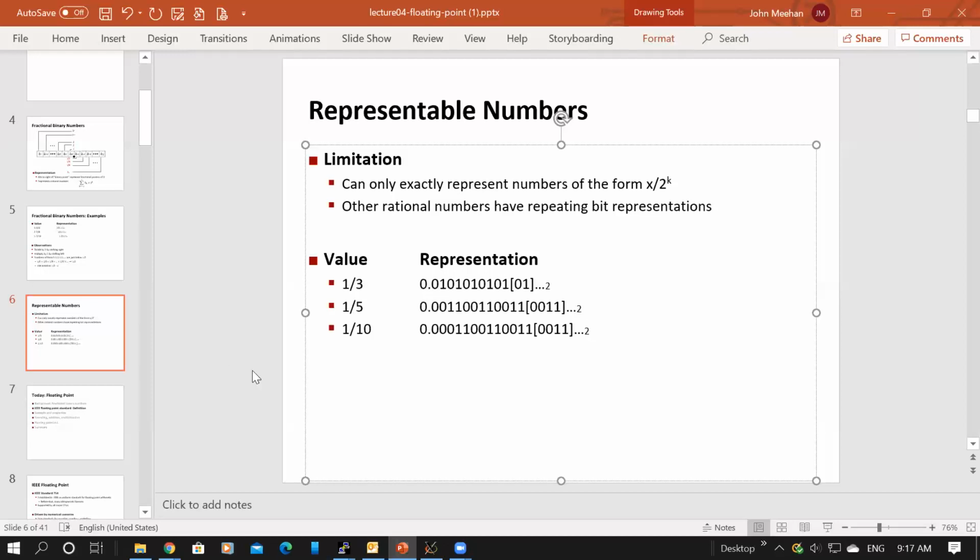Same thing would happen with two thirds and three tenths, those kind of things. You'd approximate them, but you wouldn't ever have an exact representation for them. You'd end up with, at some point, running into some pattern that just endlessly repeats on the end of it.